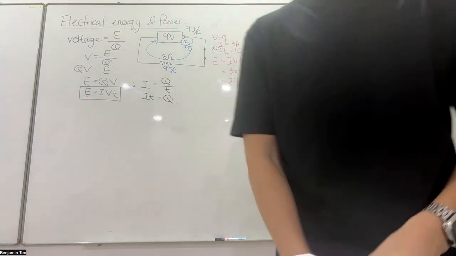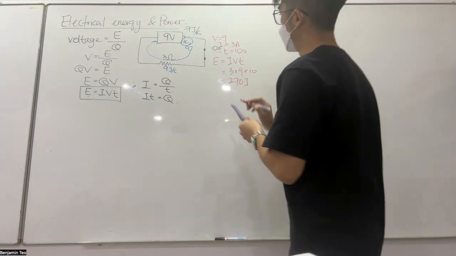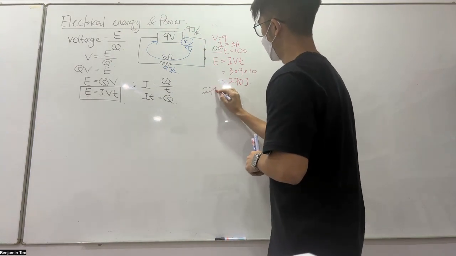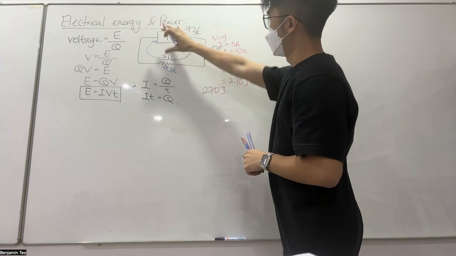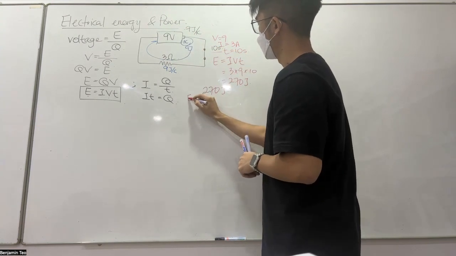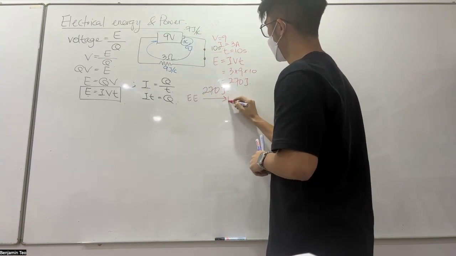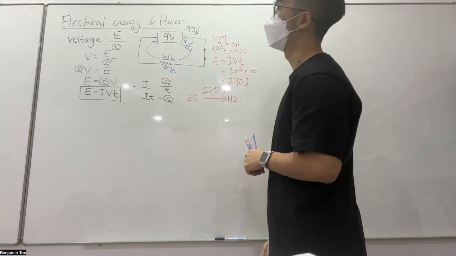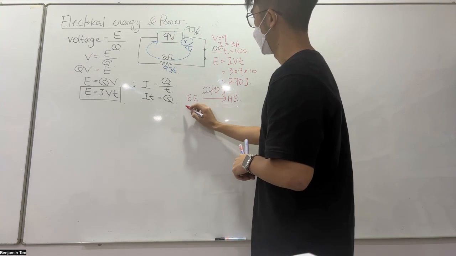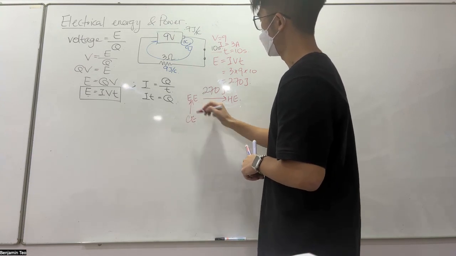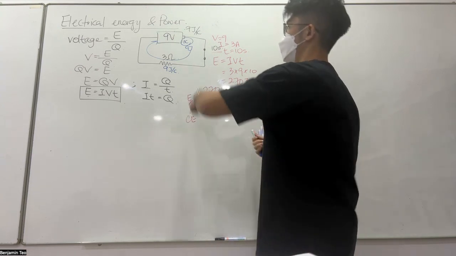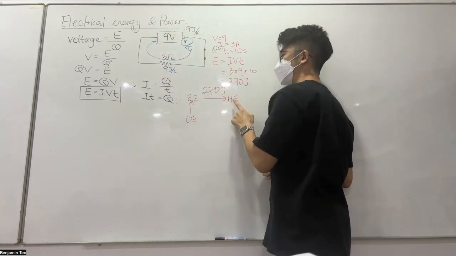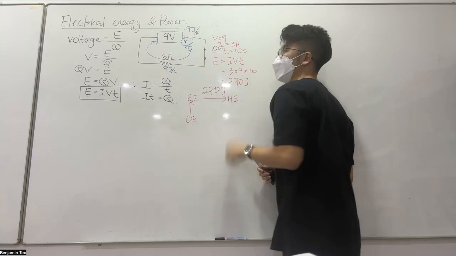Now, the 270 joule of electrical energy we convert to heat energy. There will always be energy conversion. It actually starts from chemical energy in the battery, converts to electrical, then converts to heat for the resistor.